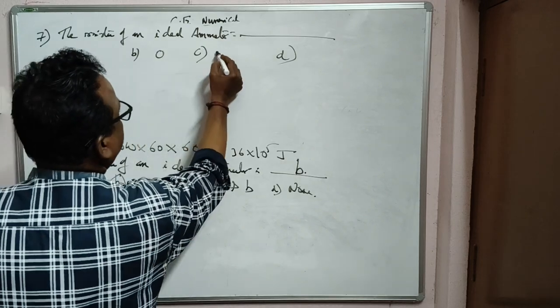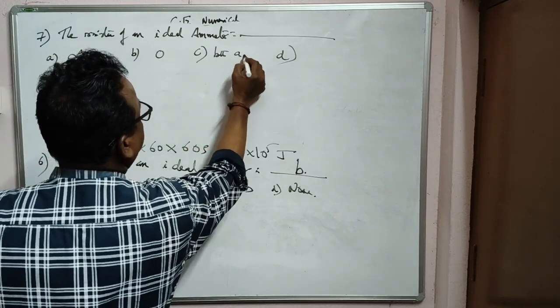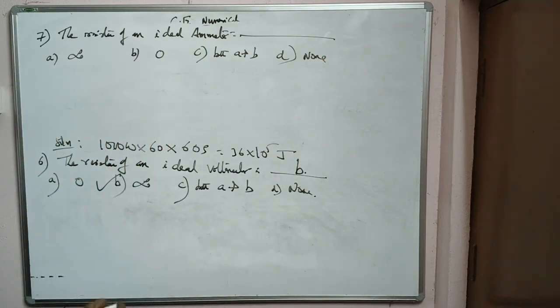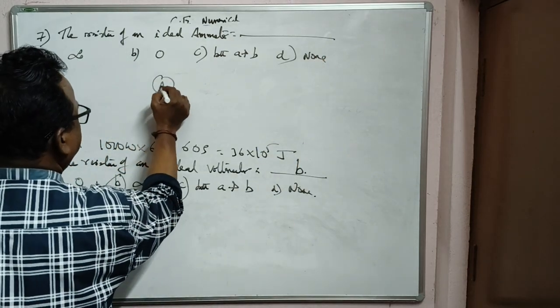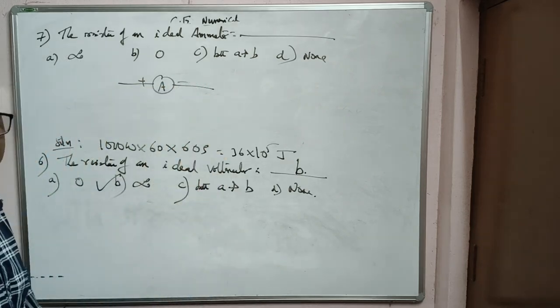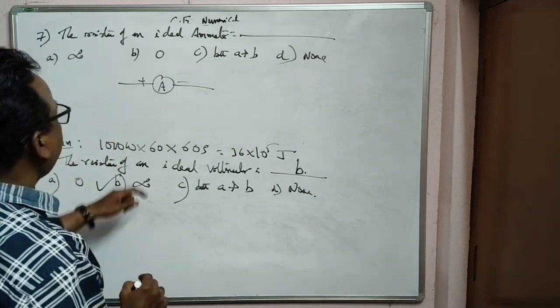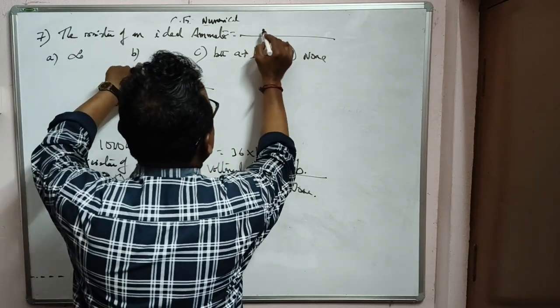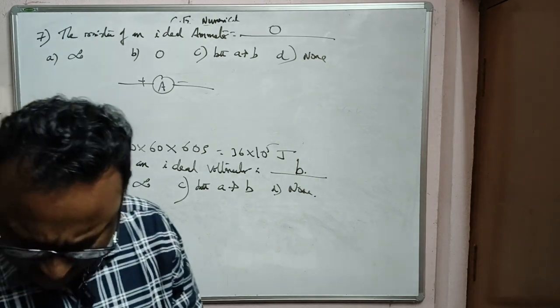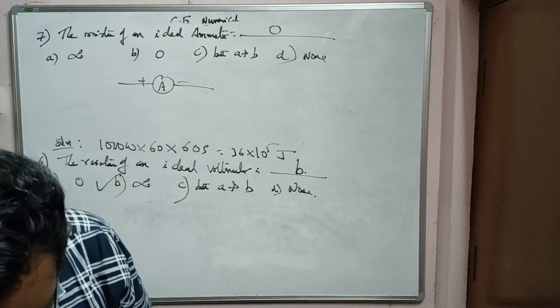B, 0. C, both A and B. D, none. This is also a concept I told you. Ammeter is always connected in series, please, not in parallel. Therefore, the ideal is taken as 0 here. B is the answer, 0. For an ammeter, ideal resistance is 0.